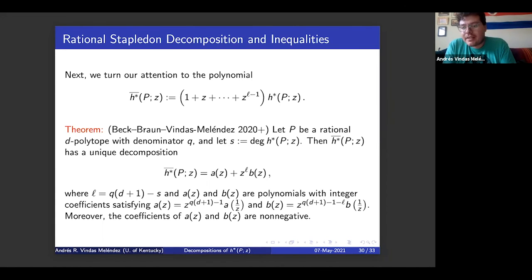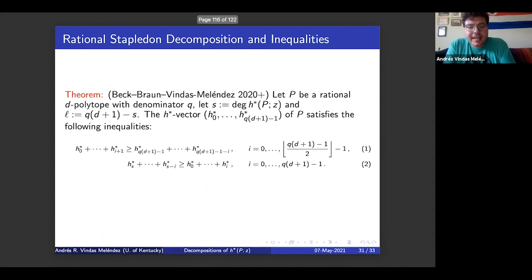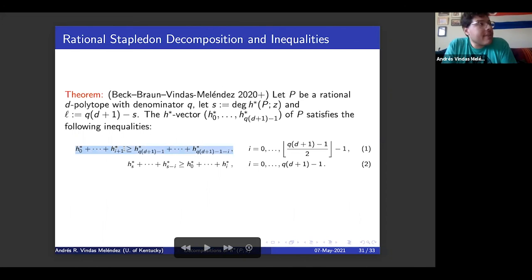So towards that classification, maybe one nice thing to ask is, are there any inequalities that are satisfied by the coefficients of the H star polynomial? From this theorem, we actually do that. We get that the H star vector, the collection of the H star coefficients, satisfies these inequalities. This first inequality, I think, generalizes a result by Stanley, and this one generalizes a result by Hibi.